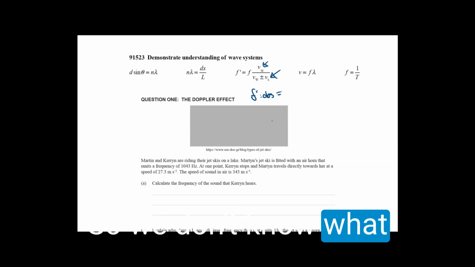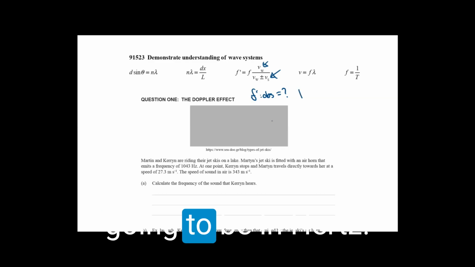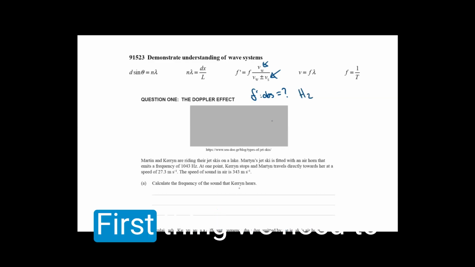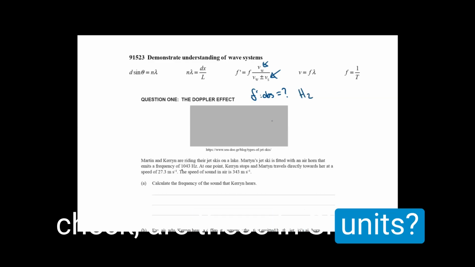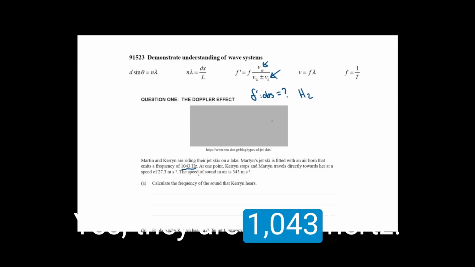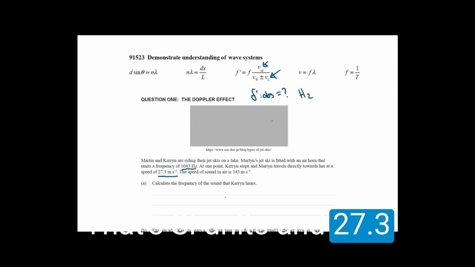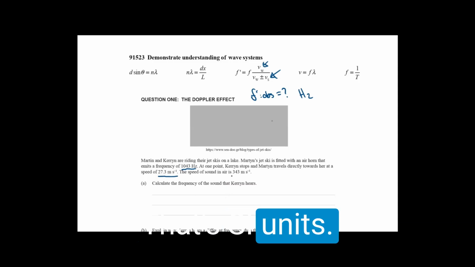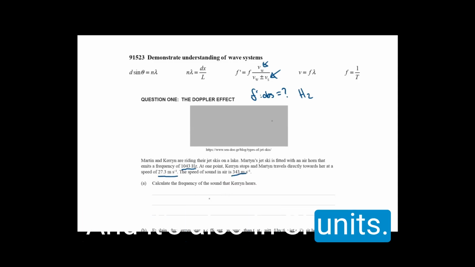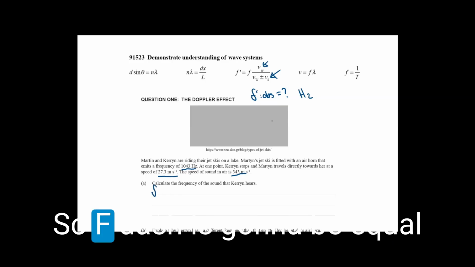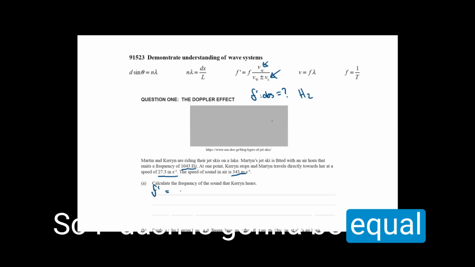So we don't know what this one is, and it's going to be in hertz. First thing we need to check, are these in SI units? Yes, they are. 1043 hertz, that's SI units, and 27.3 meters per second, that's SI units, and that's also in SI units.